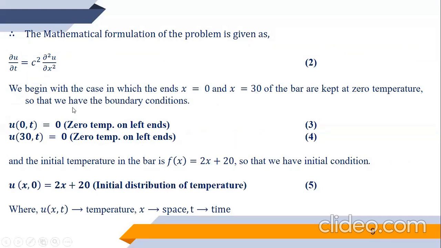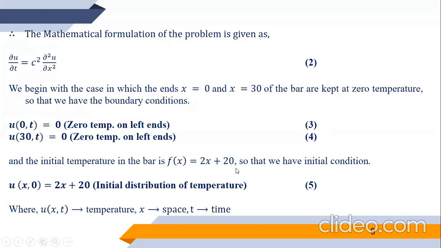So the boundary conditions: U(0,t) is equal to 0, U(30,t) is equal to 0 on the right hand. And the initial temperature in the bar, we consider f(x) is equal to 2x plus 20.